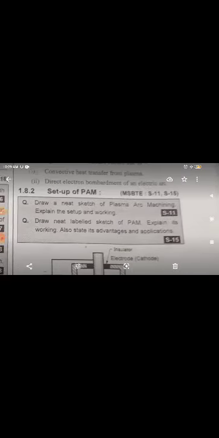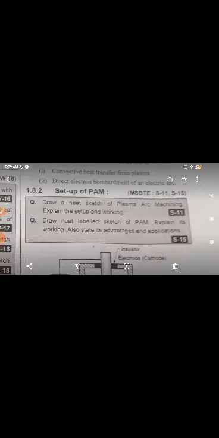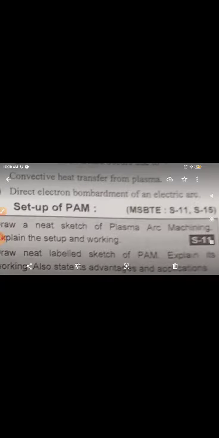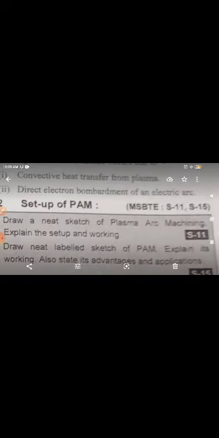Melting of the machined surface occurs due to two reasons: one is convective heat transfer from plasma, and second is direct electron bombardment of an electric arc.